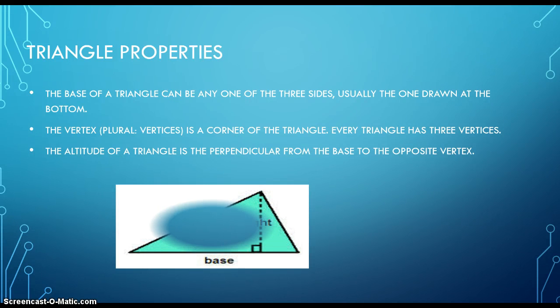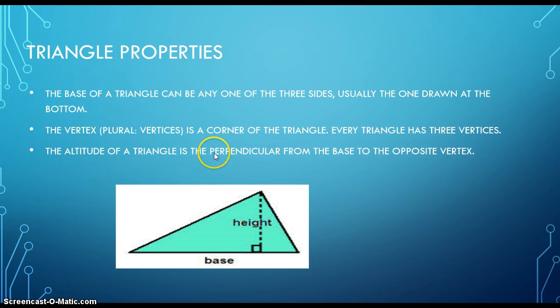And we're going to look at this picture to get a better picture of what all three of these are. The base is labeled right here, and it is the bottom side, and there are three sides, so that one is consistent with our definition. Our vertex, or vertices, are right here, and right here. And if we were to look at this, you can see where the angles are formed, which again goes back to our previous definitions.